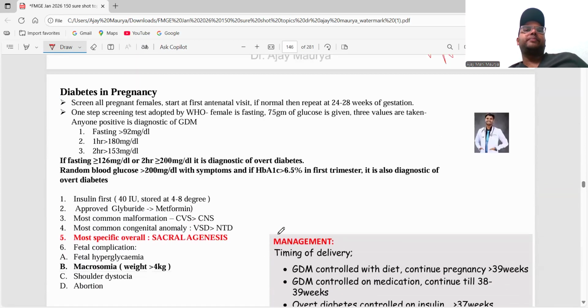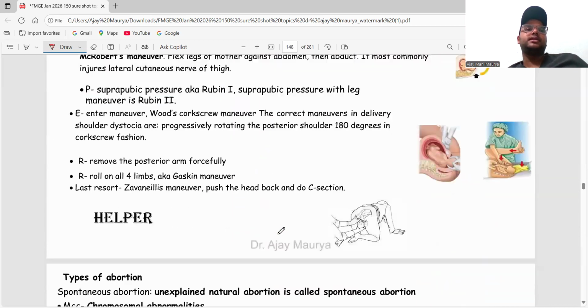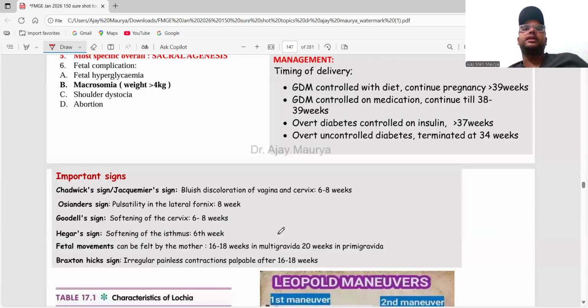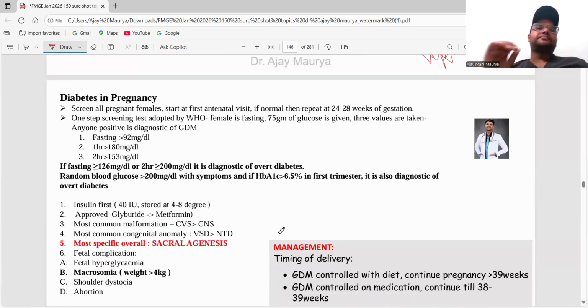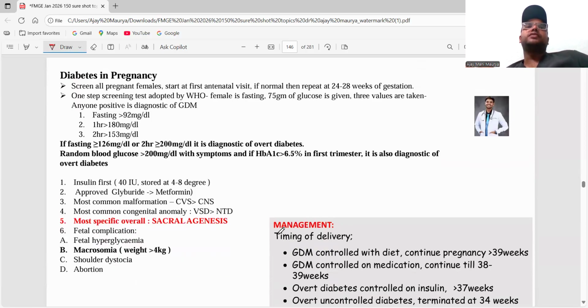So diabetes in pregnancy, remember here diabetes in pregnancy. See, remember the main important one, okay? How they're going to ask.